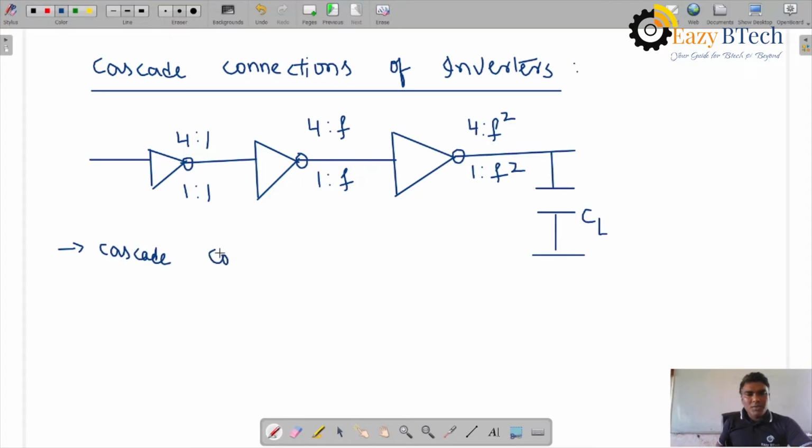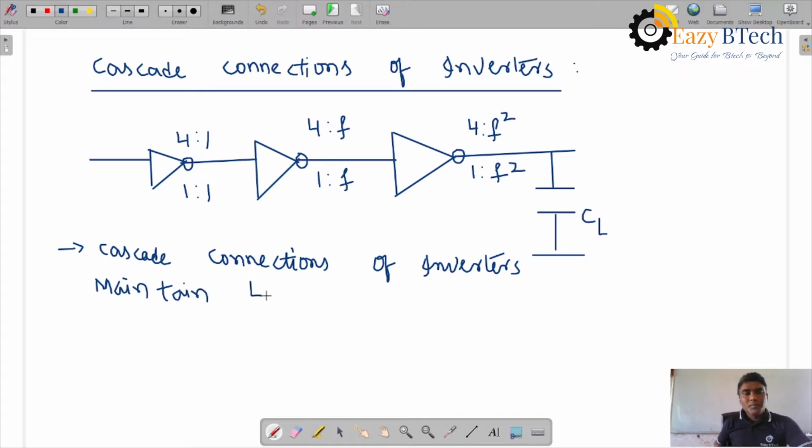By using these cascading connections of inverters, the inverters maintain large capacitive loads.